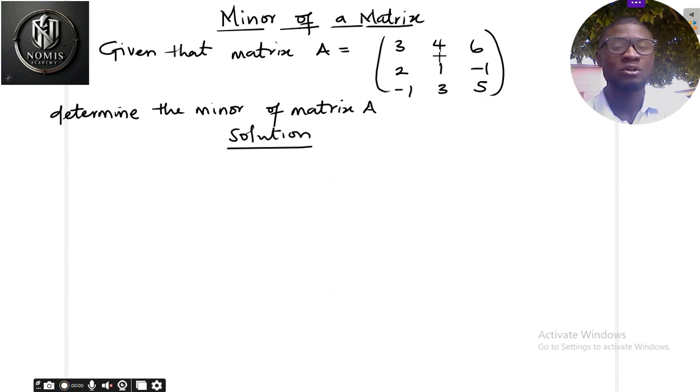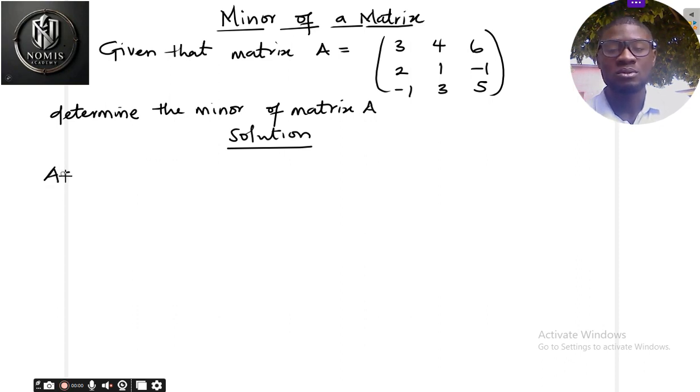This is the position of A12, matrix A of row 1 in column 2. This is A13, matrix A of row 1 in column 3. So that is the form the matrix takes.